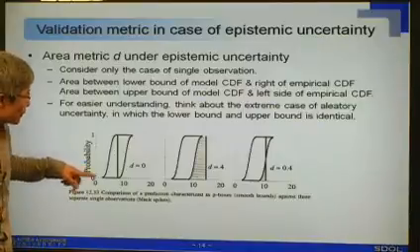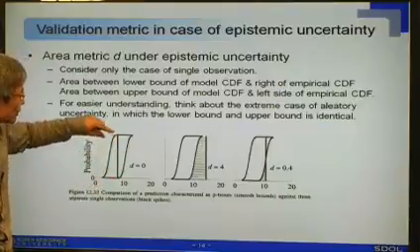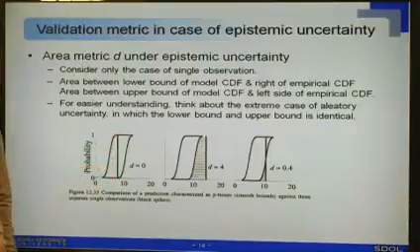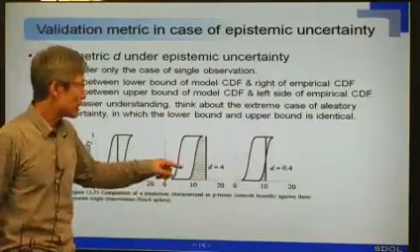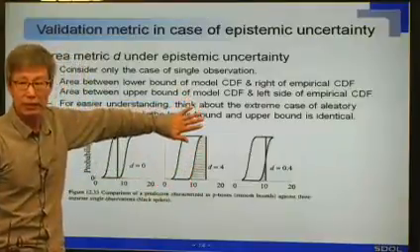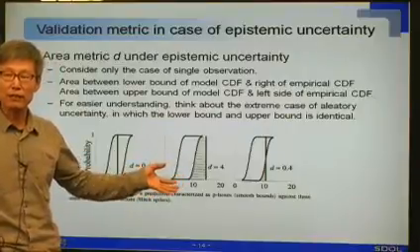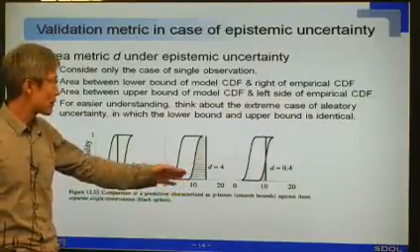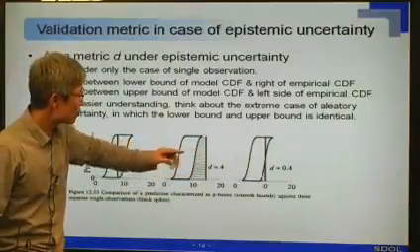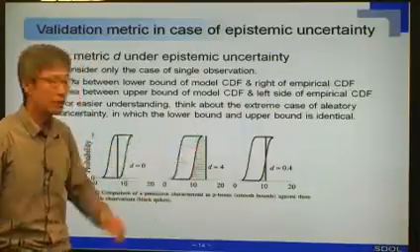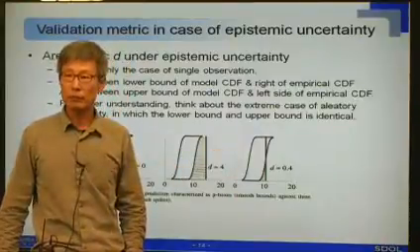If the empirical CDF is given at this location, the area metric will be 0. If the empirical CDF is given like this, the area metric is the shaded area here. So due to my lack of skill in explaining, the area represents the area difference between the outside of the P-box and the empirical CDF. You will find what it means.